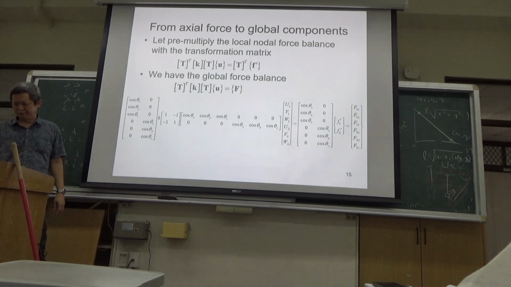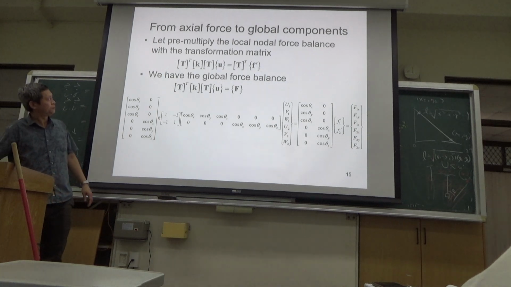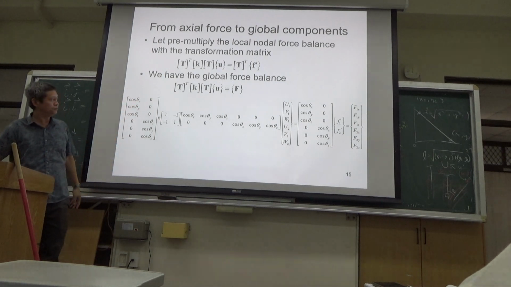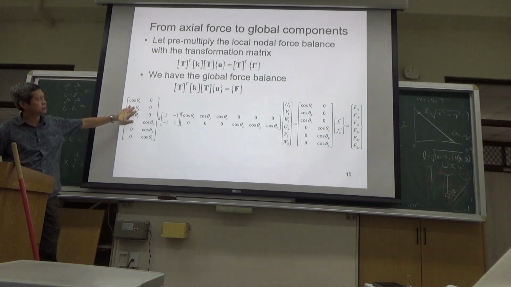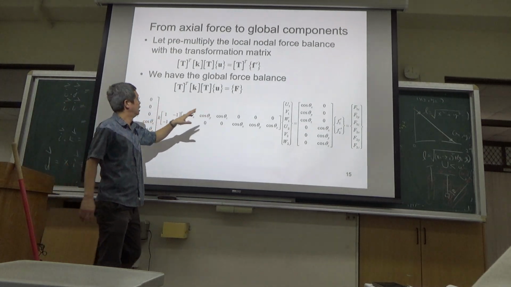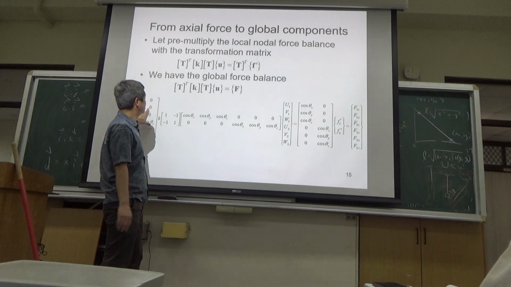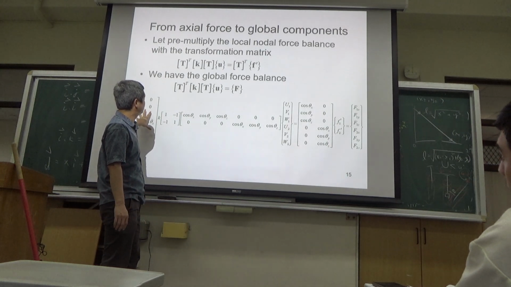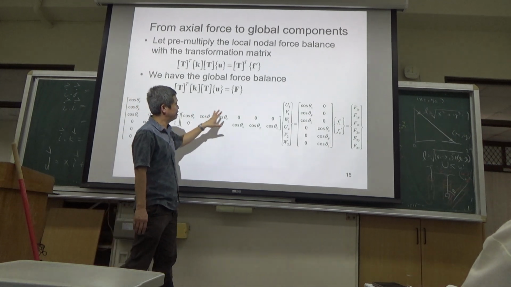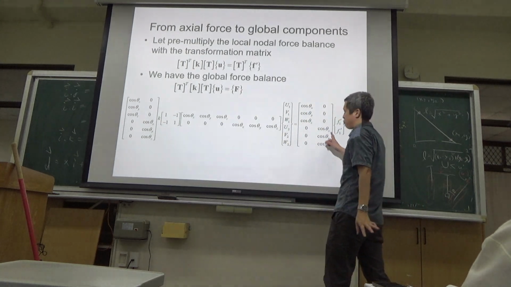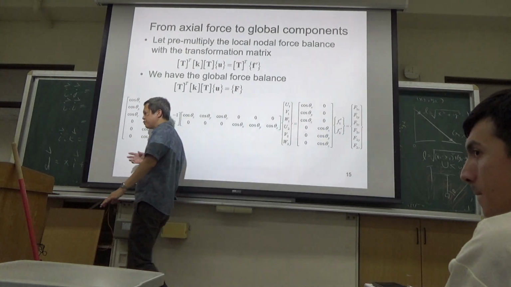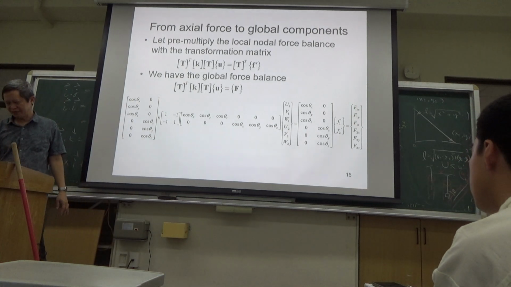And then next, you can write a pre-multiplication of the expression here. You pre-multiply these expressions by the rotation matrix transpose, which will give you the right hand side. This right hand side is going to give you an identity matrix.